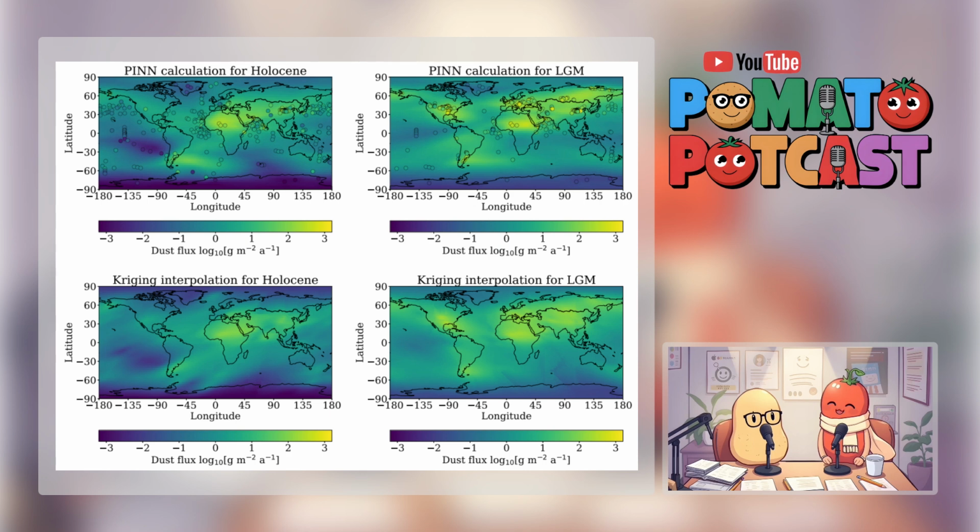PNNs combine the power of machine learning, like AI, with our understanding of the physics behind how dust actually travels. So it's like we're teaching a computer to understand both the data and the rules of the game. So instead of just filling in the gaps, it's using what we know about wind patterns to make sure the dust is flowing in the right direction. That's the gist of it.